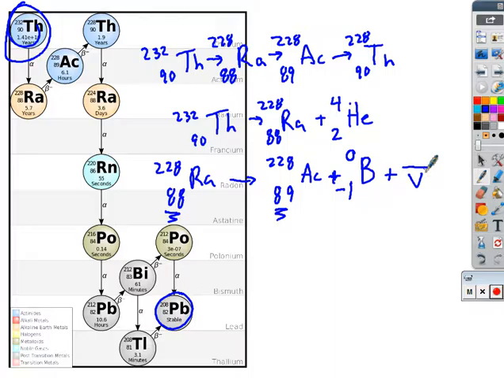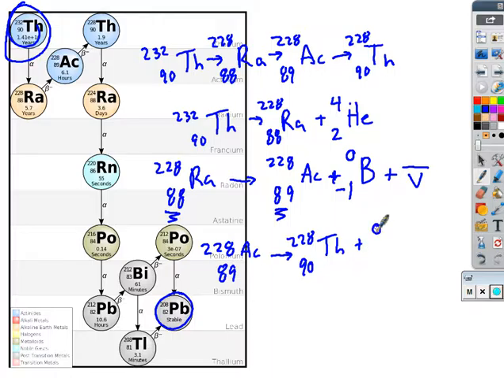Again, these negative beta particles aren't moving as fast as we would expect because they're very light. Now we have one more decay left. What type of decay is this? In this situation, I have 89 protons to start with, and then at the end, I have thorium-228. I have 90 protons. So again, using conservation of nucleons, that value doesn't change.